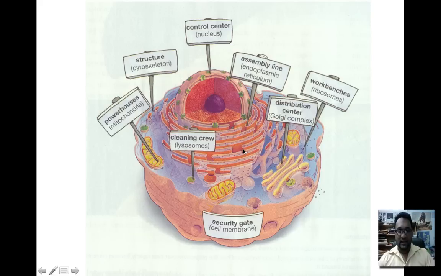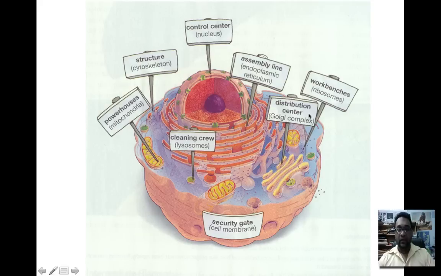What happens is that proteins such as enzymes that are synthesized by the ribosomes in the rough ER are sent to the Golgi apparatus. The Golgi complex will then package them and basically put an address on where these enzymes, these proteins, are supposed to go.